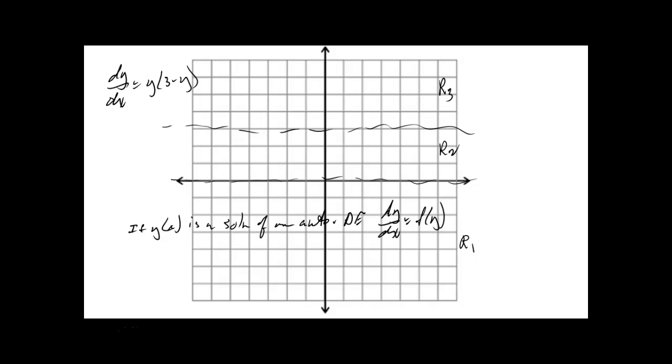There's no x dependence on the right-hand side, like that one up there. Then y1 of x equals y of x minus k, where k is a constant. This is also a solution.